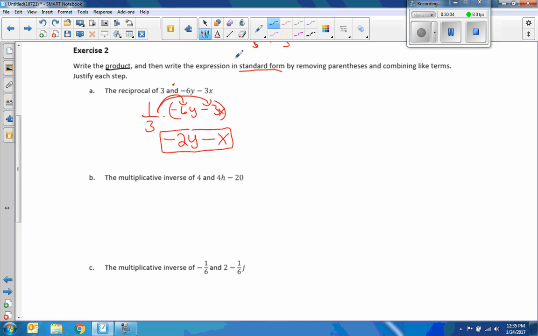Okay? Now, one thing I didn't do yet, it says to justify each step. Okay? This is the distributive property. Alright? And this is multiplicative inverse.